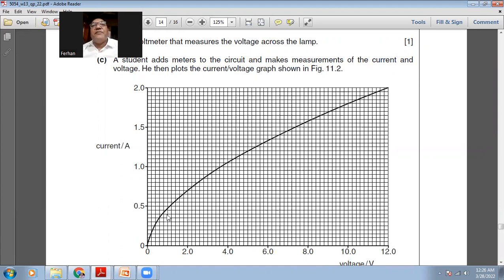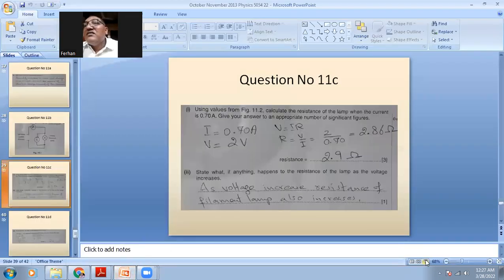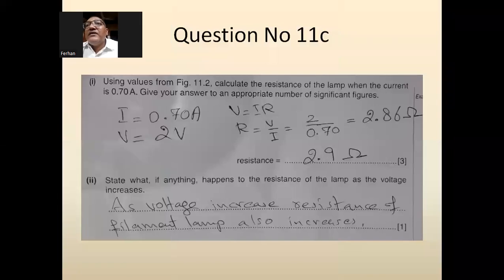So whatever is happening with the gradient, the opposite is happening with the resistance. As the voltage increases, the gradient of the I-V graph decreases, which means the resistance of that lamp is increasing. So as voltage increases, the resistance of the filament lamp also increases.